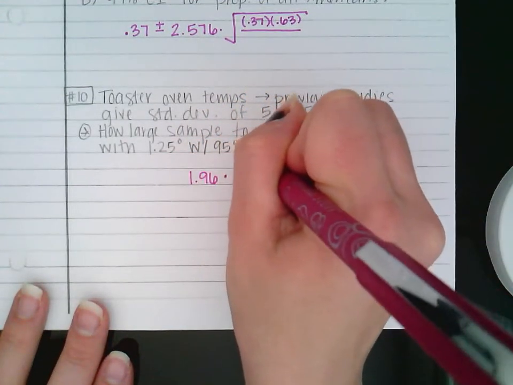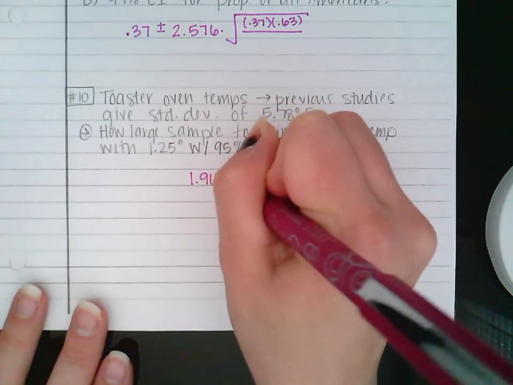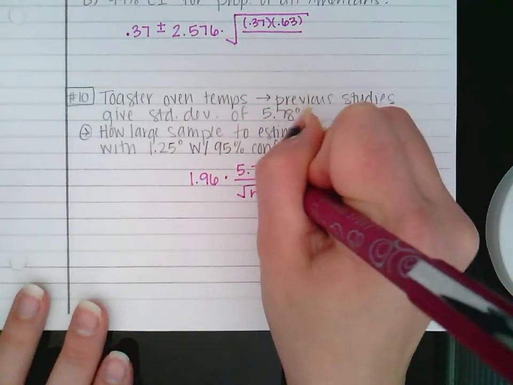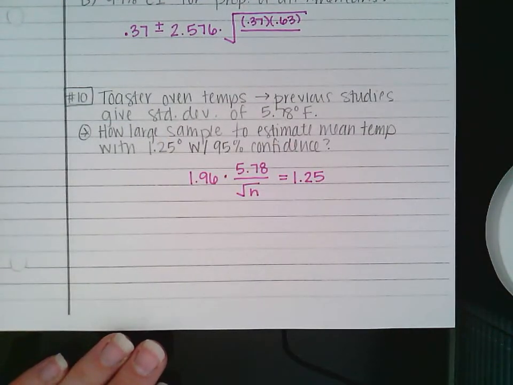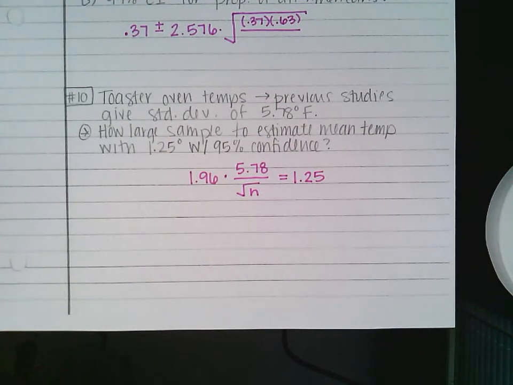Standard deviation over the square root of n, and set that equal to 1.25. I'm then going to solve this for n and make sure that you always round up for margin of error questions. And that does it for the review questions on confidence intervals, which is chapter 8.